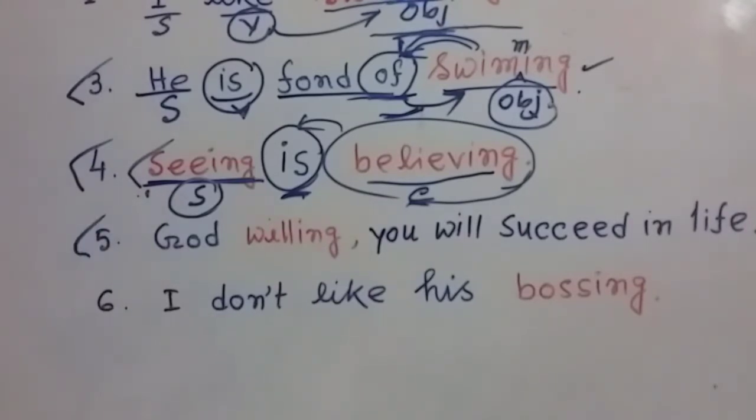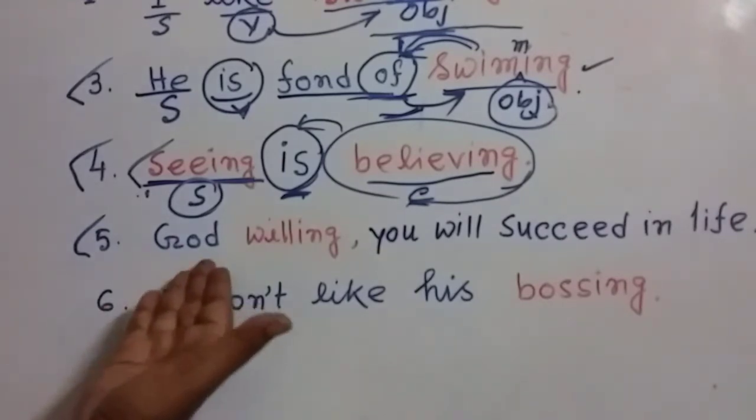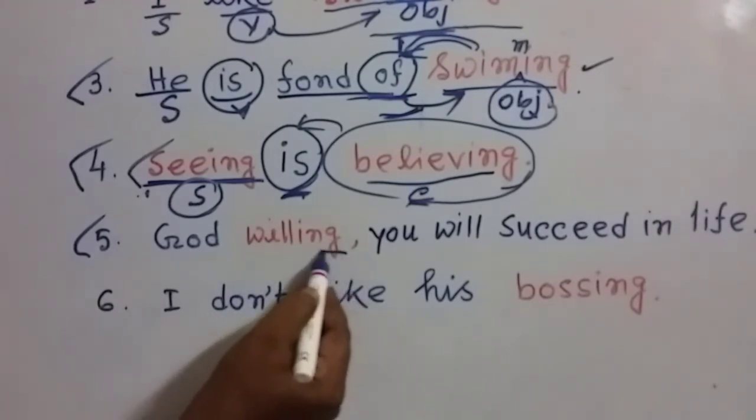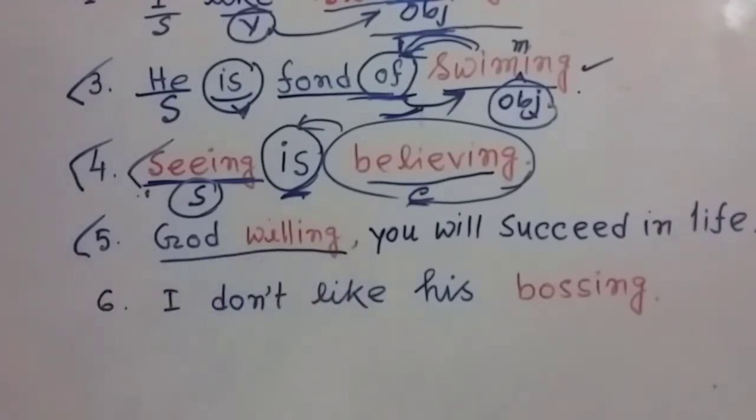Now let's look at example number 5. Here you can see I have written, "God willing, you will succeed in life." My dear friends, think about it very seriously. This part is called an absolute phrase. So why is this called an absolute phrase?